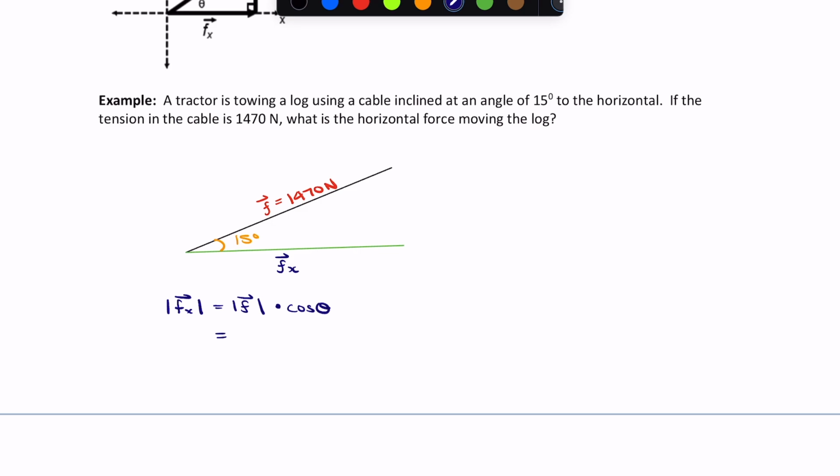And so that's equal to 1,470 times cos 15, which is equal to 1,419.9 newtons. So therefore, the horizontal force is 1,419.9 newtons.